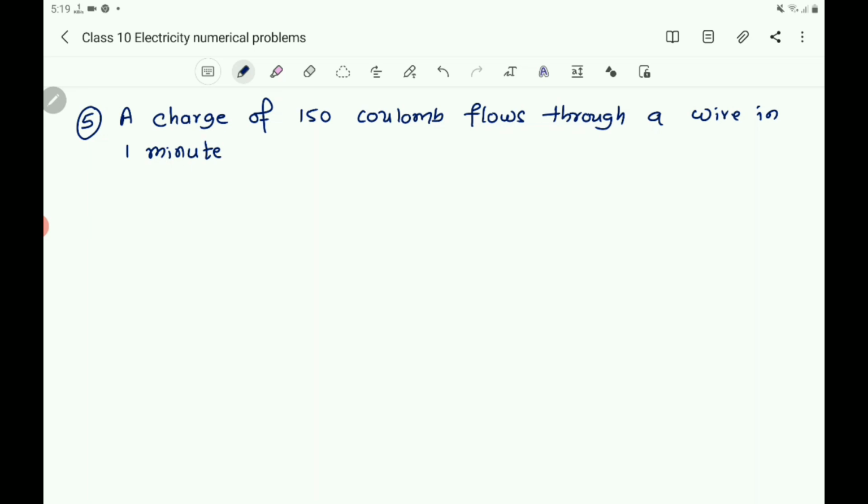Find the electric current flowing through it.